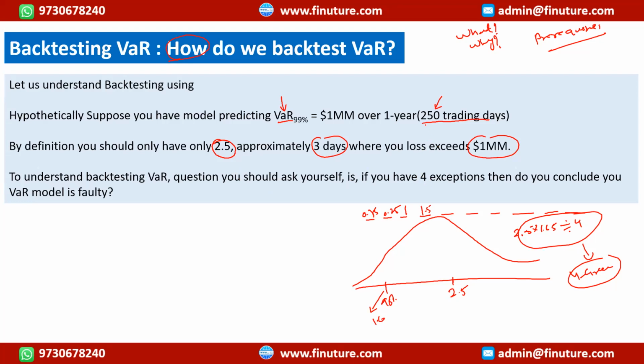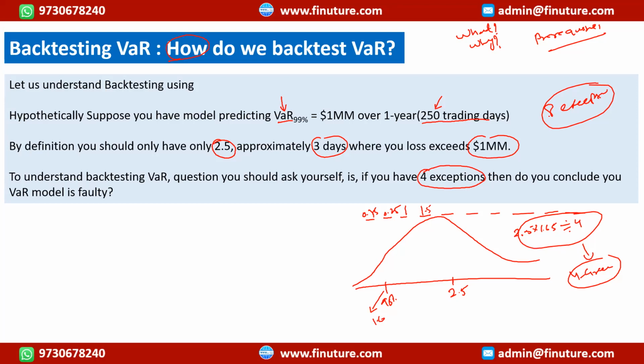On 250 days, you will monitor all your exceptions and plot a distribution. If your exceptions are at most 4, then you cannot say your model is accurate, but you need some statistical evidence to substantiate that argument. Say if there are 8 exceptions, still you cannot say your model is inaccurate. You need statistical proof for that. It can be merely because of bad luck.